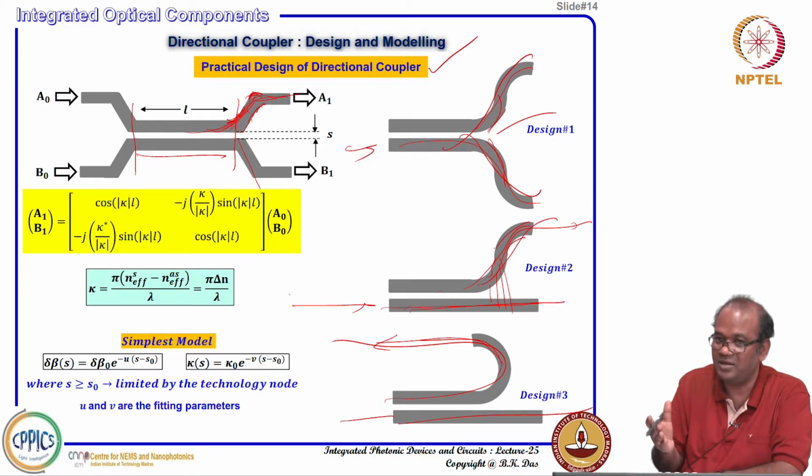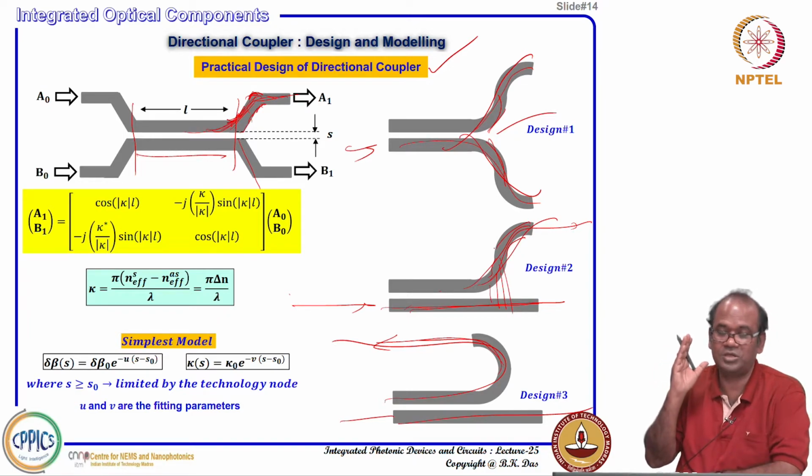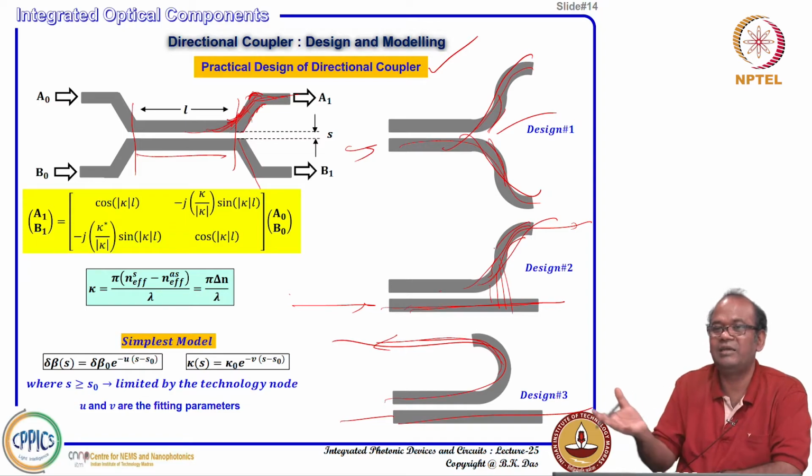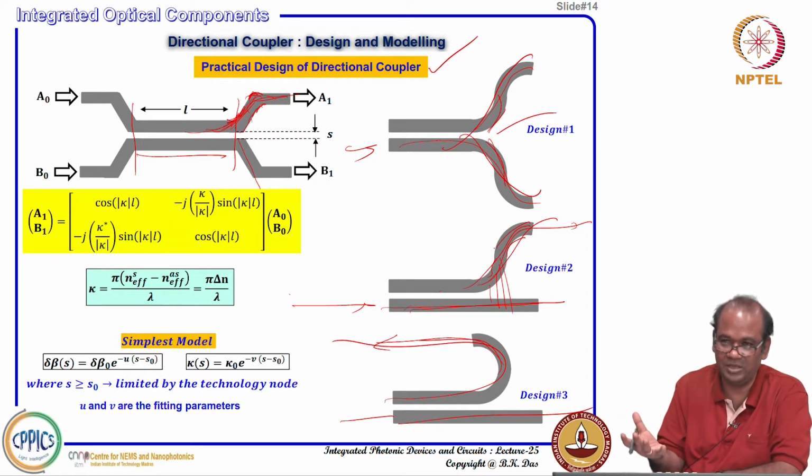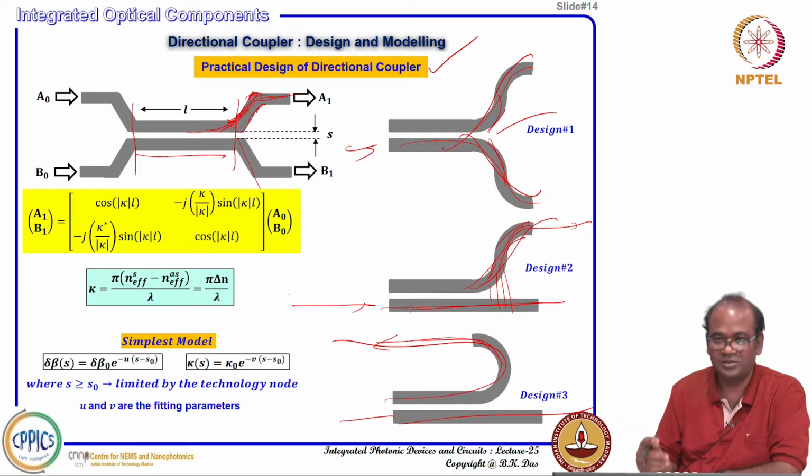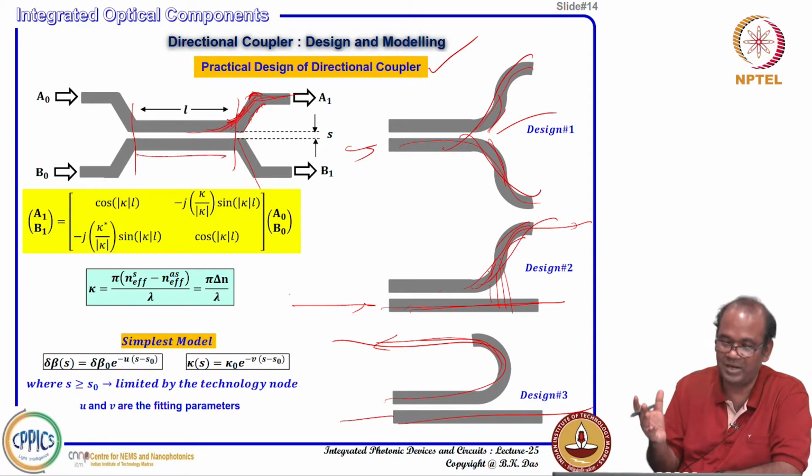If that is not maintained, that means some kind of loss, it will lose some kind of orthogonality condition and light can be scattered into the higher leaky mode. So, in that case bend loss will be there. So, you have to bend it sufficiently large so that bending loss is minimum.